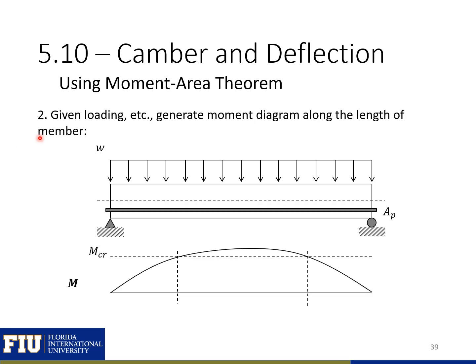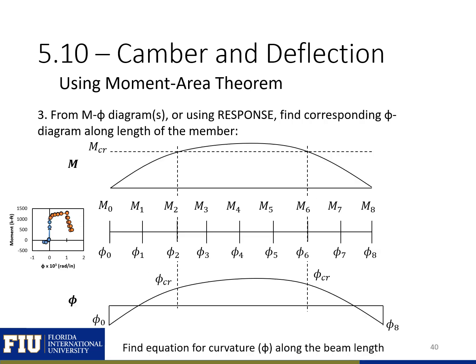The next step in this procedure is to determine your moment diagram based on your given loading and support conditions. So here is a sample moment diagram for a given distributed load and simple supports. From your moment curvature diagrams and your moment diagram, you can find the corresponding curvature diagram along the length of the member.